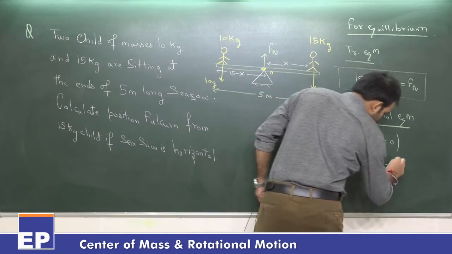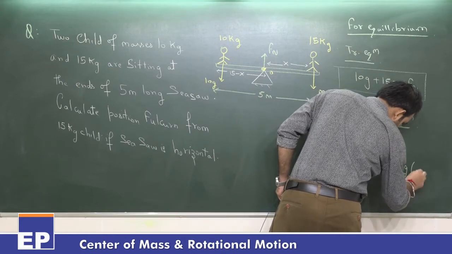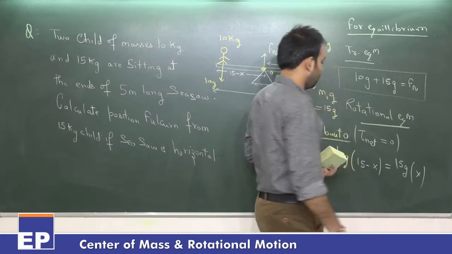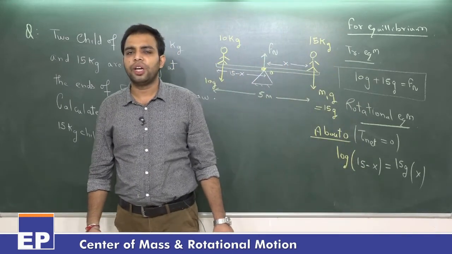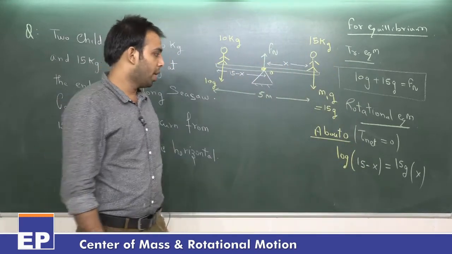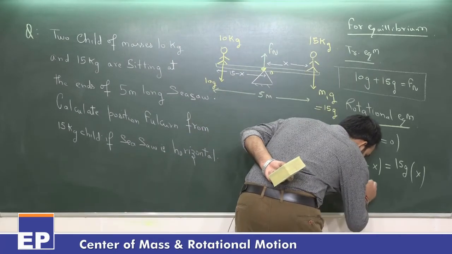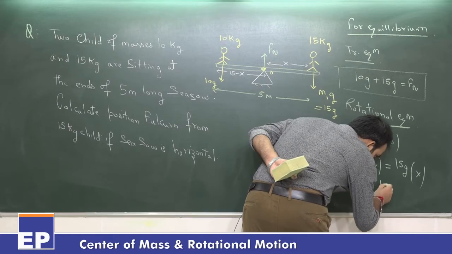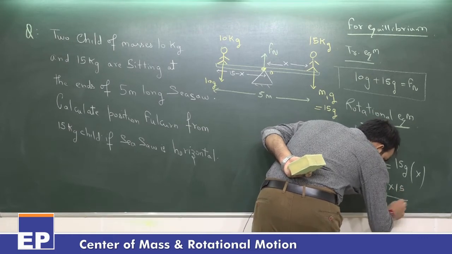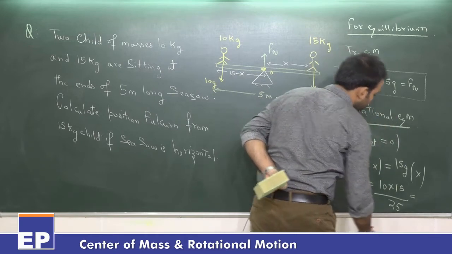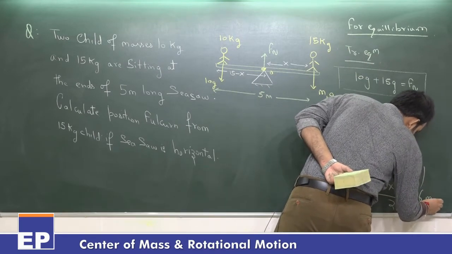This is equal to 15g into x. If you calculate it, you will get 25g into x, equal to 10g into 15. So what is x? That will come out to be 10 into 15 divided by 25. That is 6 meter.